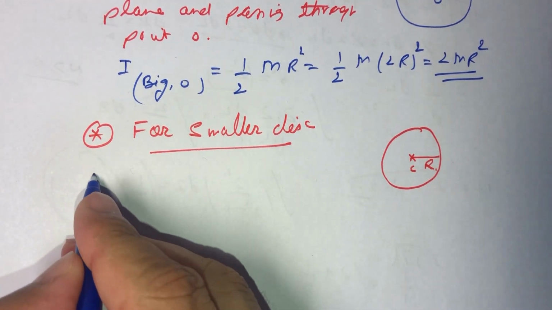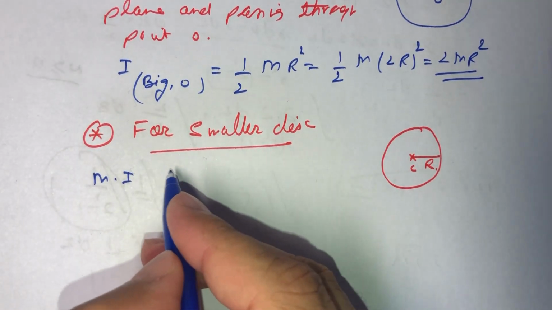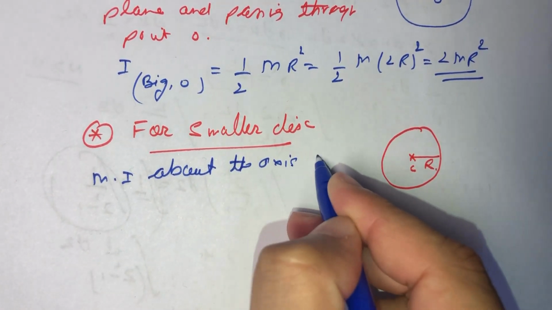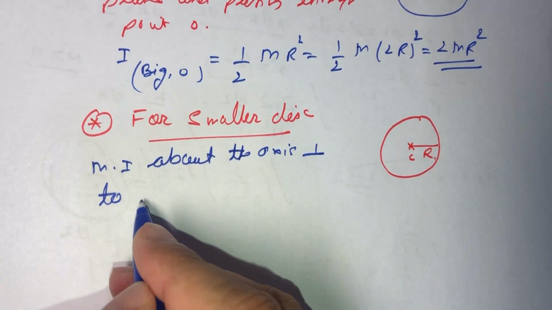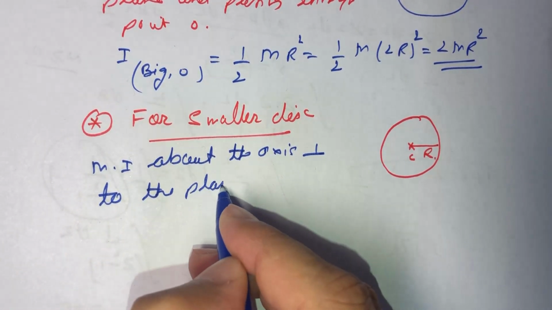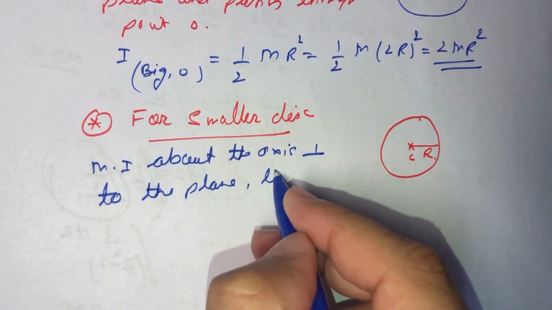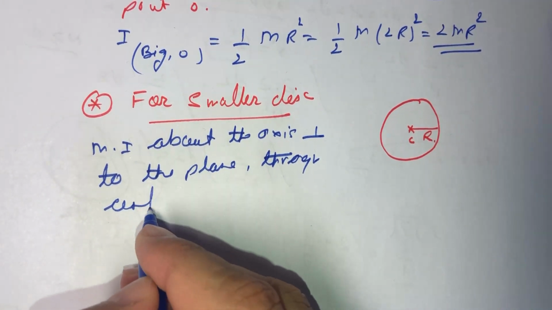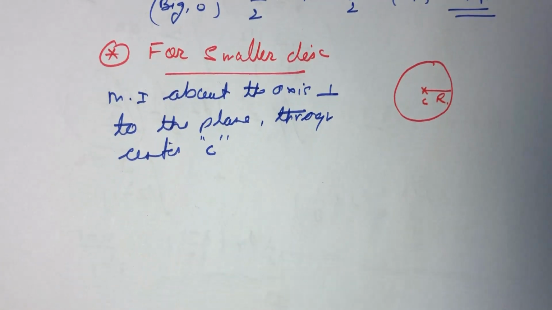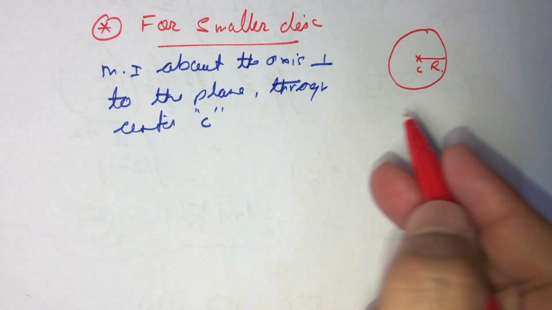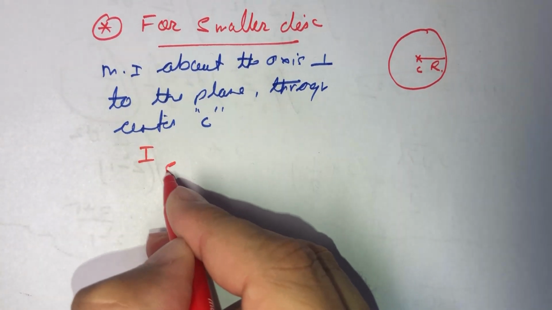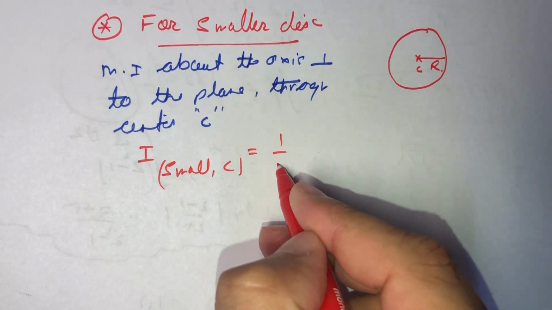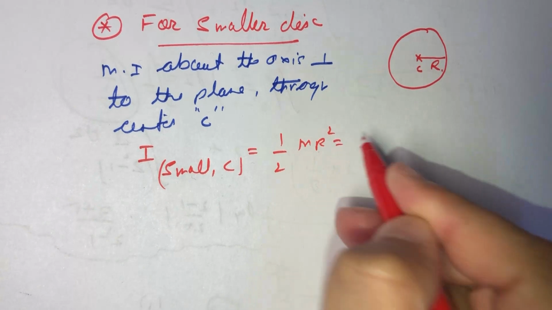So we can say moment of inertia about the axis perpendicular to the plane through center C, let us say I small through center C, will be equal to, once again, half mr square.